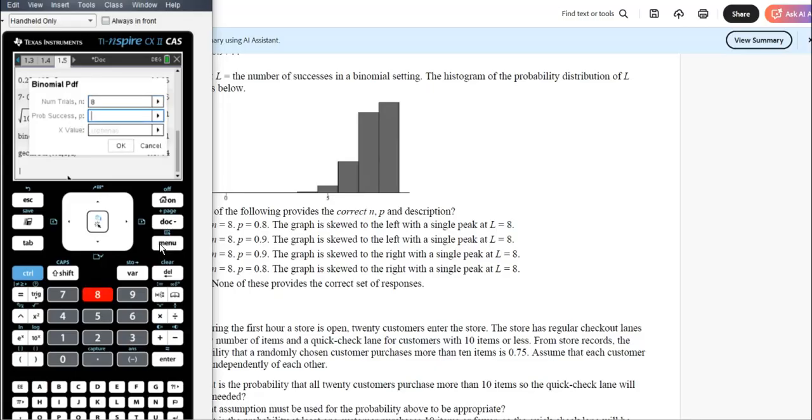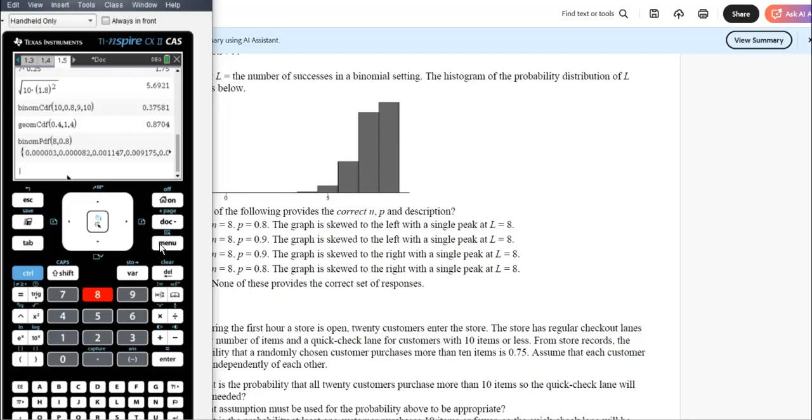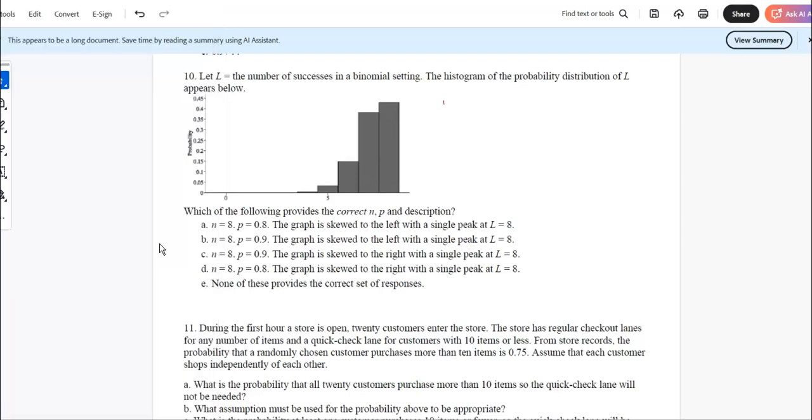Probability of success, let's put in the first one, 0.8. And just leave that one blank. It gives me all of them. So you can see that the last one is 16%, and then 33% before that. So it's definitely not that one, because that one looks like somewhere around there, and that's somewhere around there. So those are definitely not it.